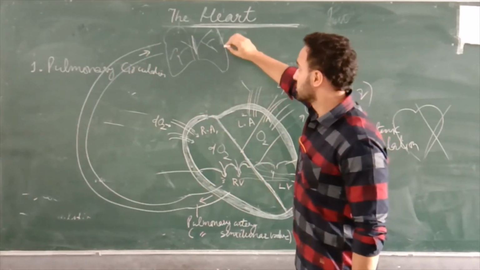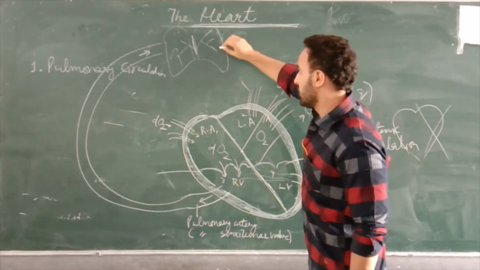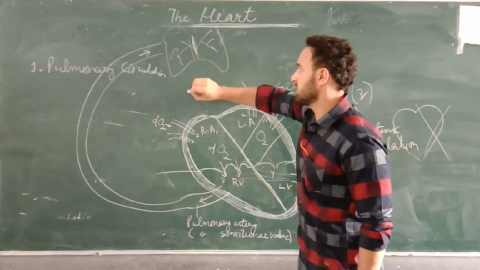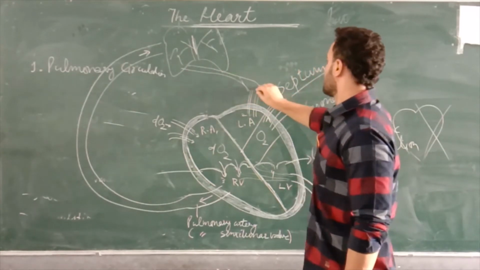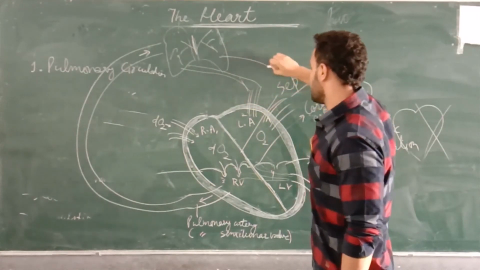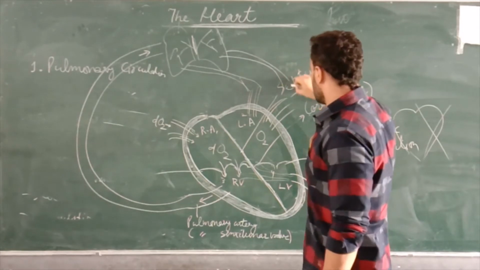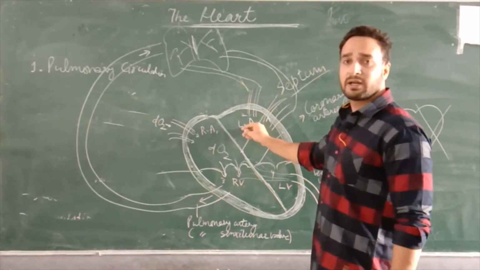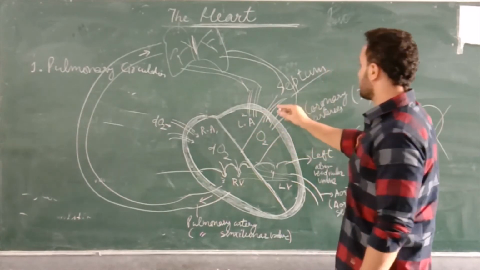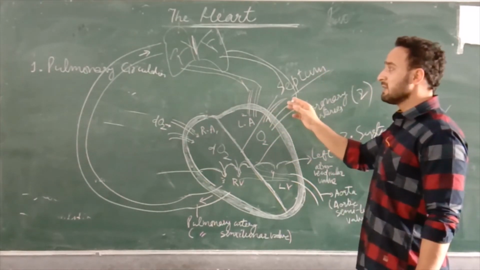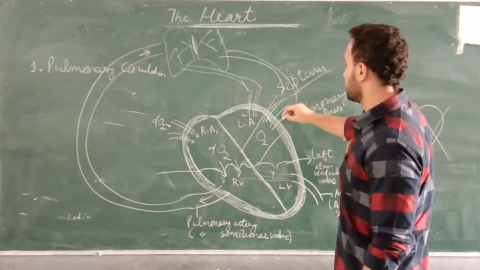So now the oxygen-rich blood from each lung goes to the left auricle through the pulmonary veins. These are four pulmonary veins.